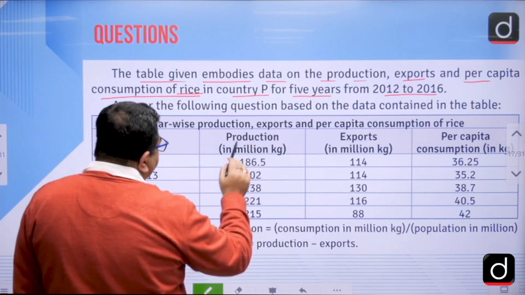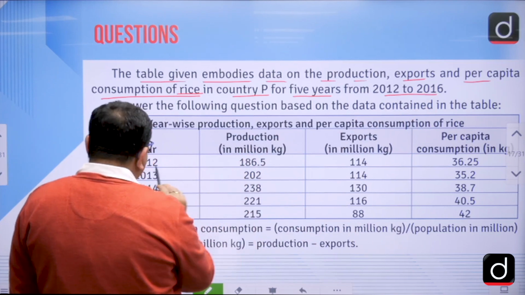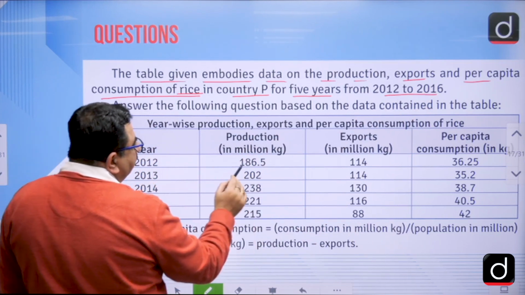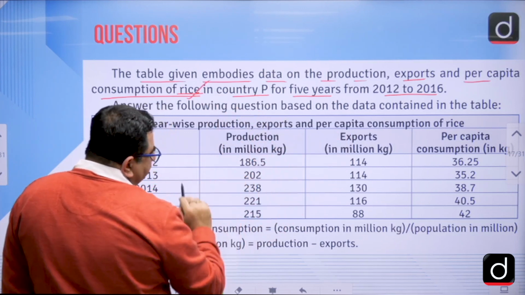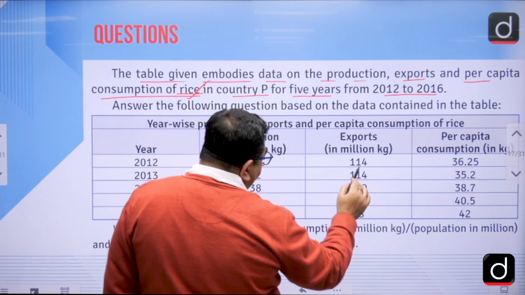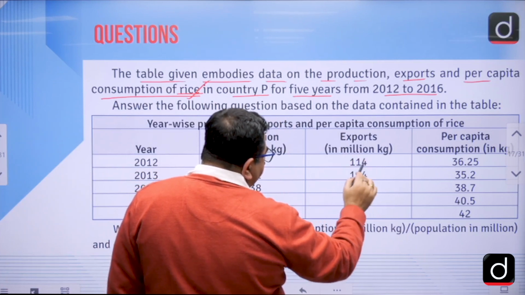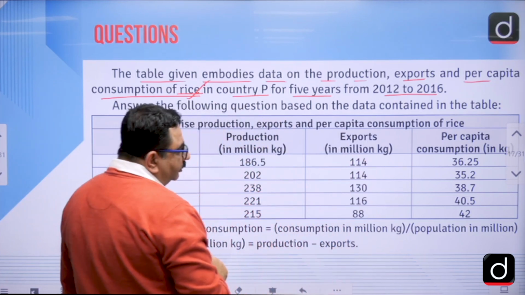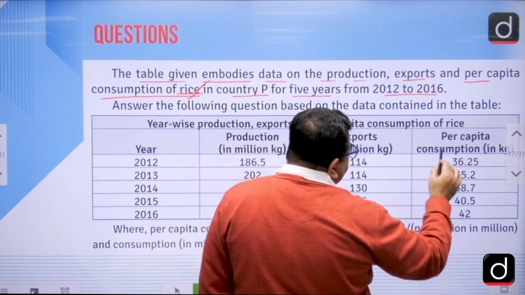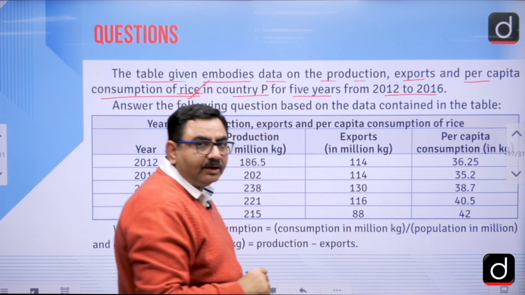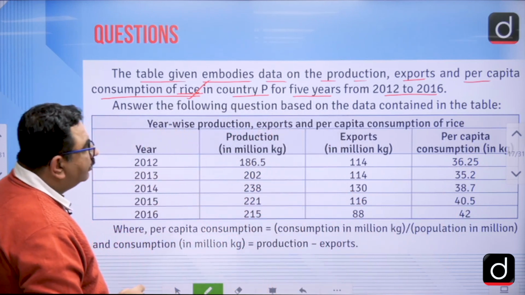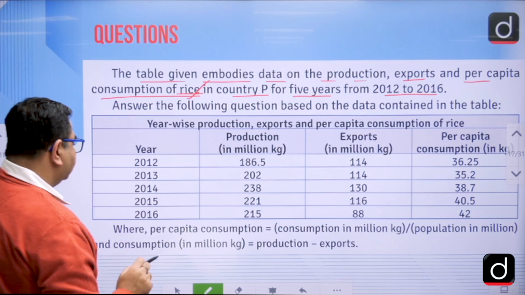So production we can see here in million kgs. In 2012, production of rice is this. Out of this, exports are 114 million kgs. And per capita consumption in kgs is 36.25 kgs. So this is given. Now some more things.